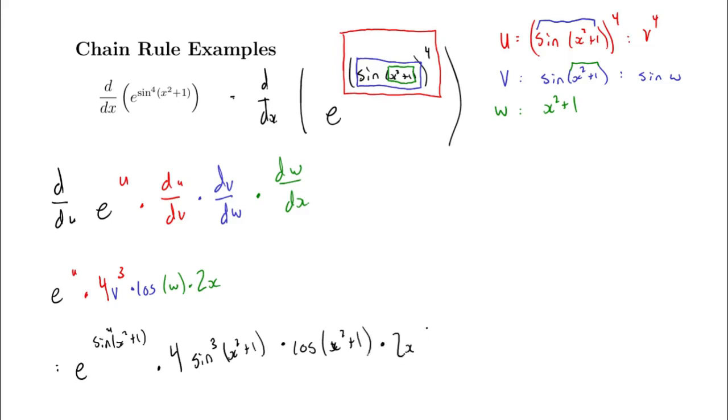Times 2x. All right, so let's group all this stuff together and write it kind of nicely. There's not going to be a beautiful way of doing this, though. The 2x times 4, I'll bring that out front and call that 8x.